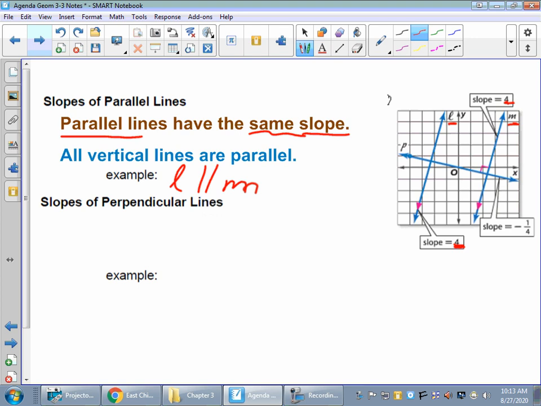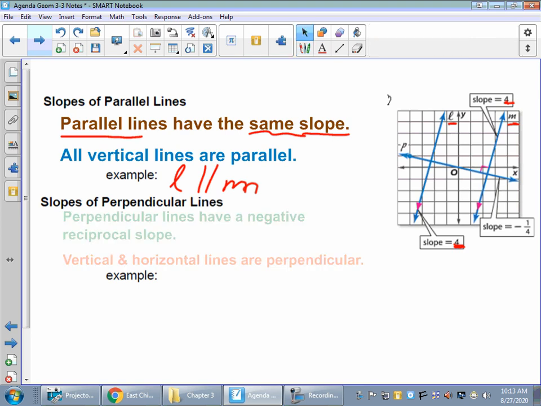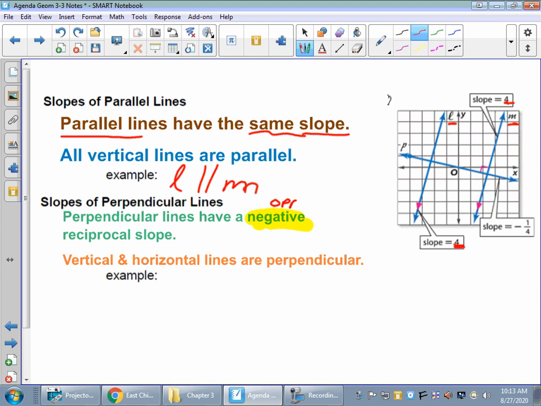And then we can talk about perpendicular lines. Perpendicular lines have a negative reciprocal slope. When we look at those phrases, negative and reciprocal, first, negative basically means opposite. Another way of saying negative reciprocal would be opposite reciprocal.